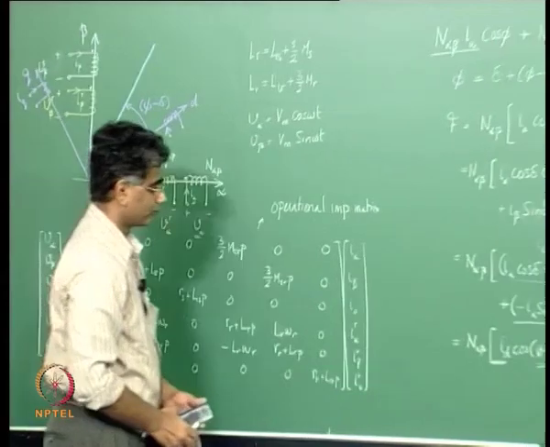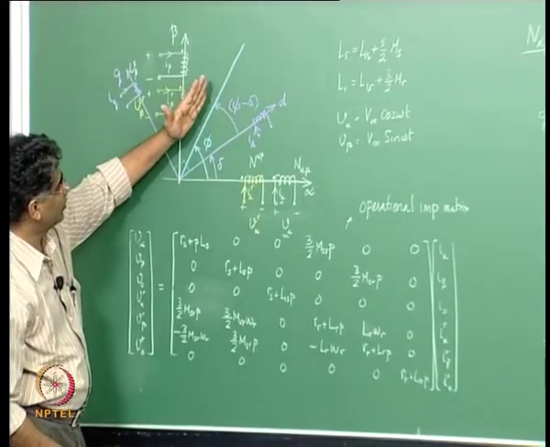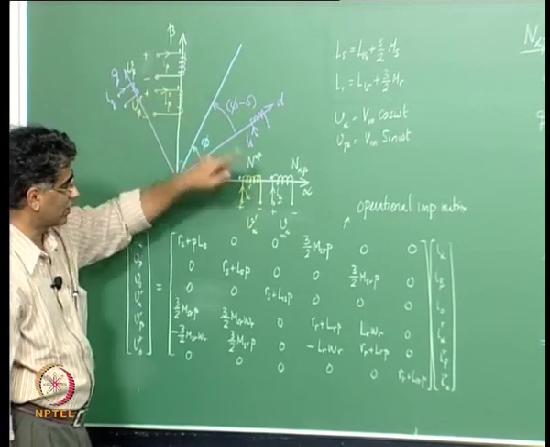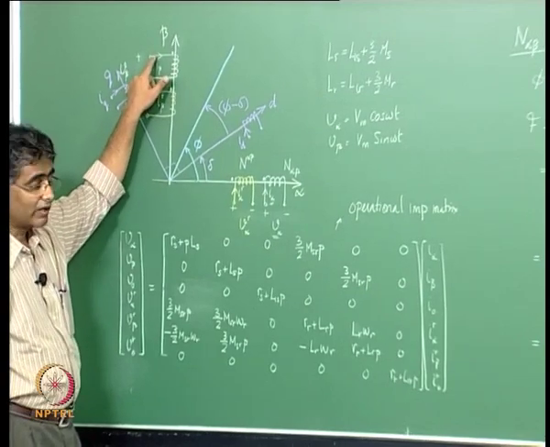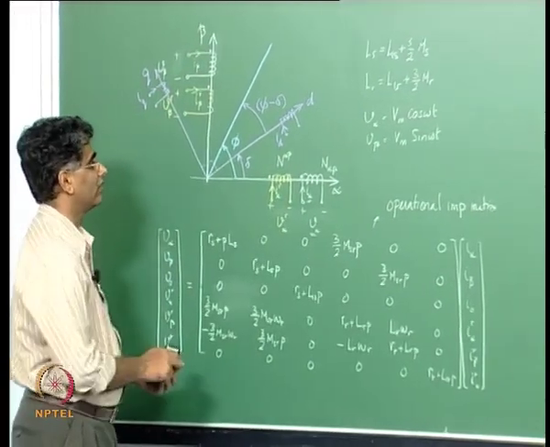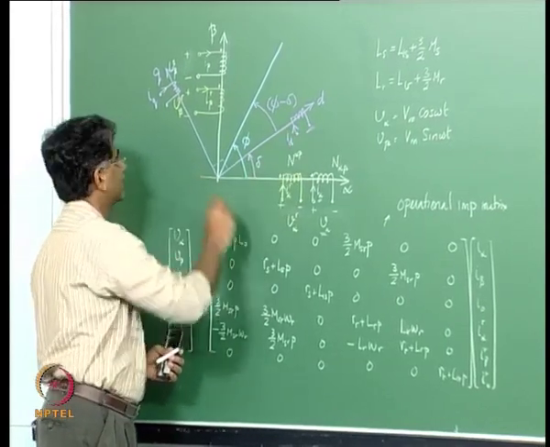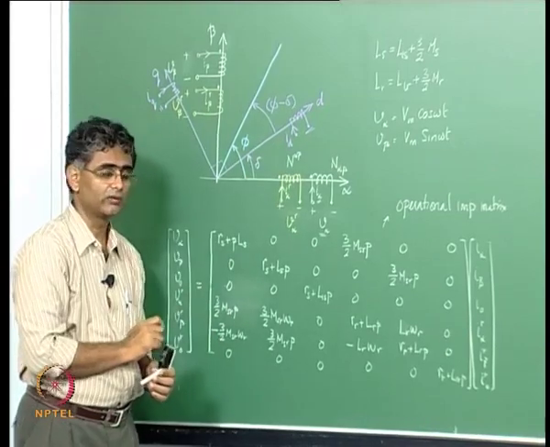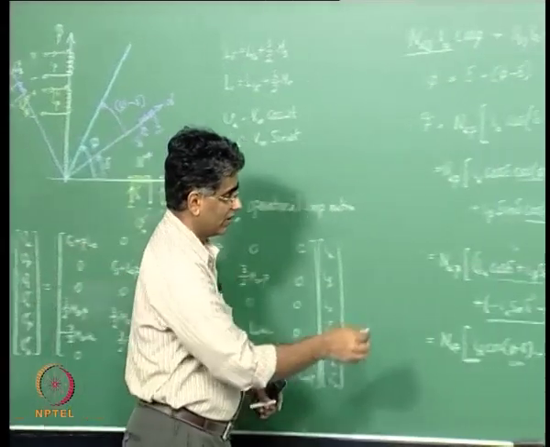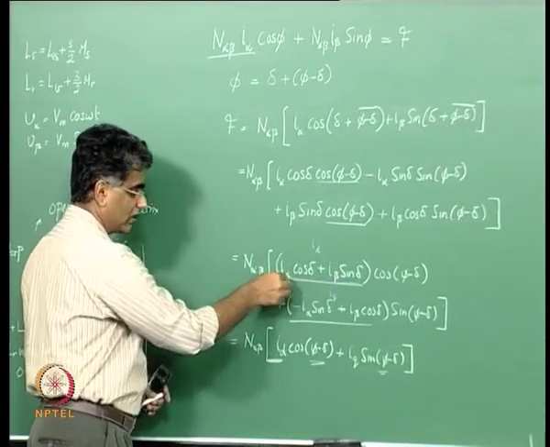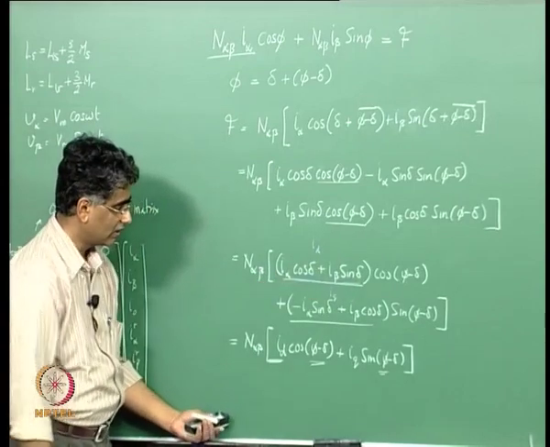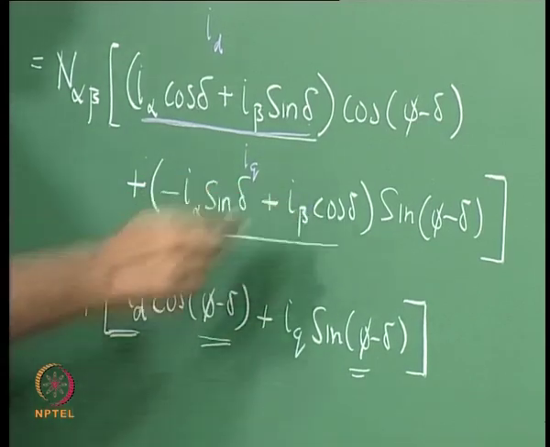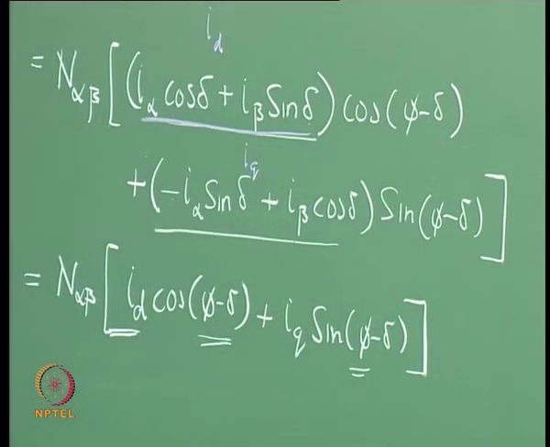and therefore instead of considering the MMF here being generated by this coil and this coil due to a current I alpha and I beta, I can get the same value by considering a coil which is now placed along the d axis and q axis, which has a current ID and IQ flowing in it, ID being defined by this expression I alpha cos delta plus I beta sin delta, and IQ being defined by this expression minus I alpha sin delta plus I beta into cos delta.